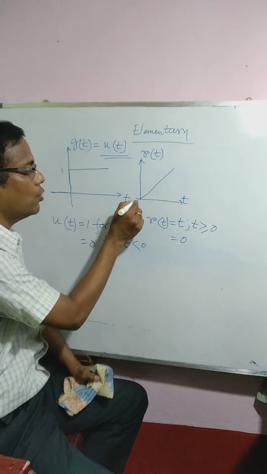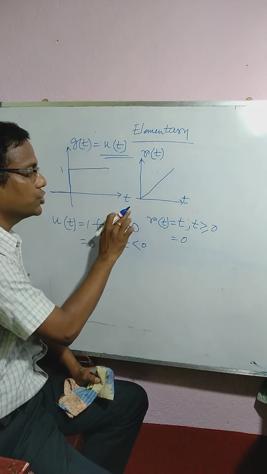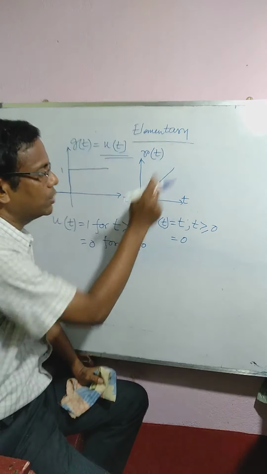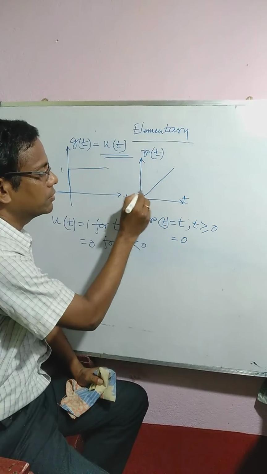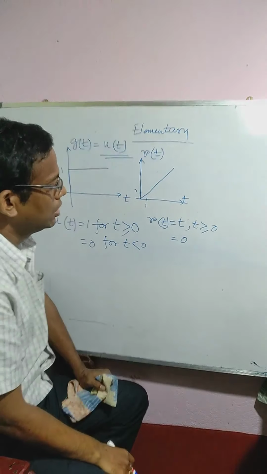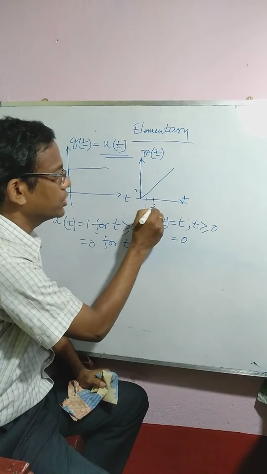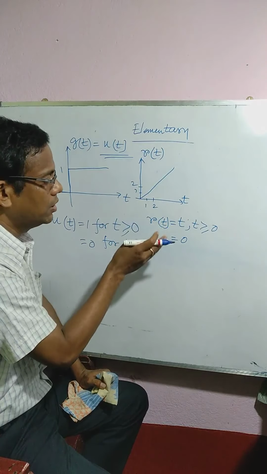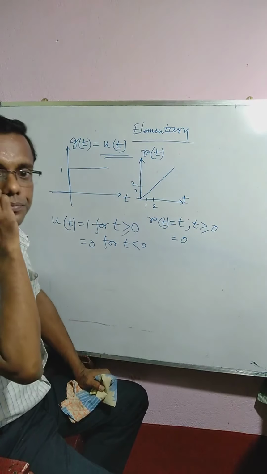That means for t less than 0 this is 0, and for t greater than or equal to 0, its value is t. If t is 1, then r(t) is also 1. If it is 2, then r(t) is also 2. That means if we consider y equals mx, then here m is 1.